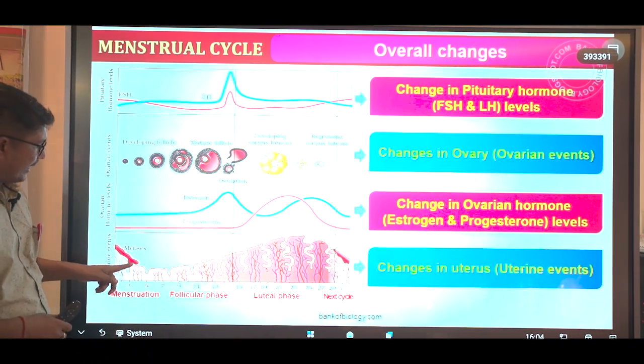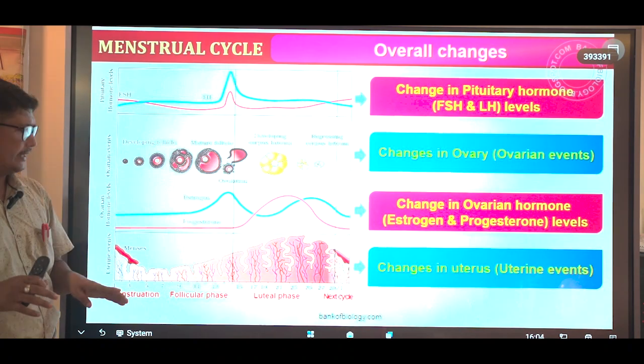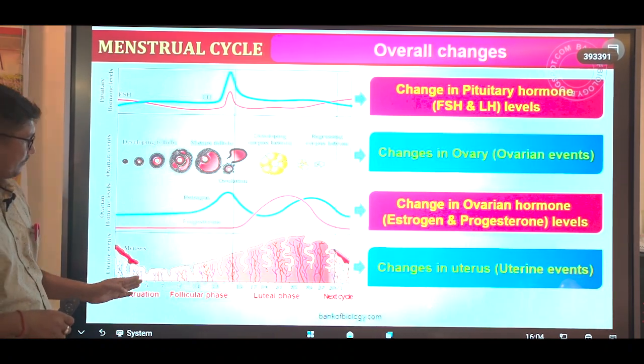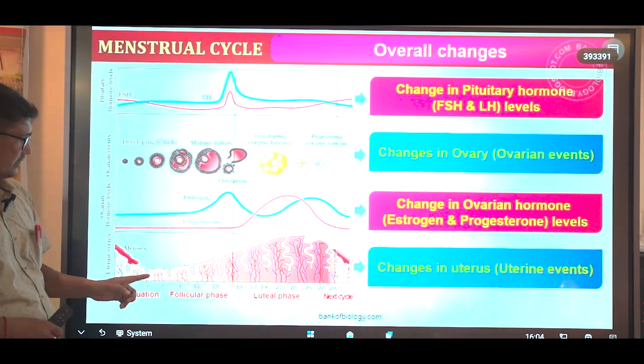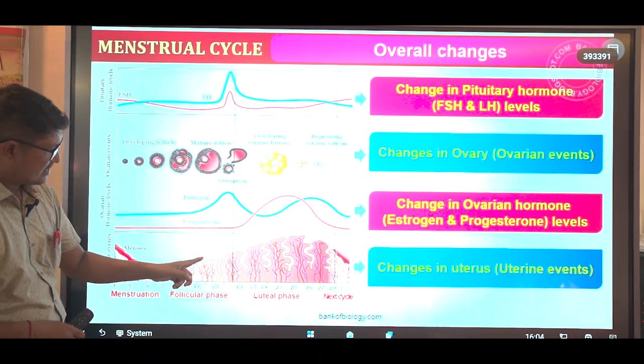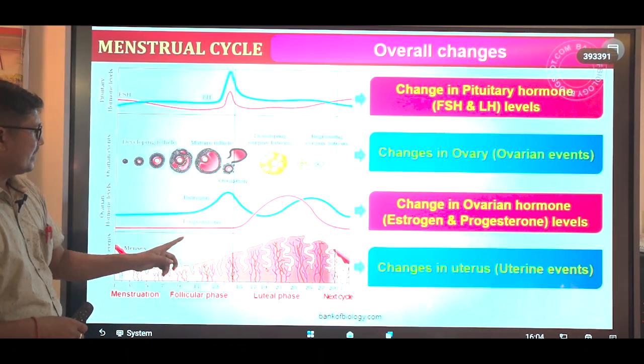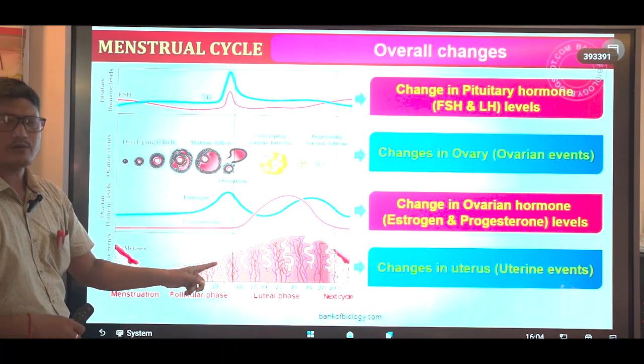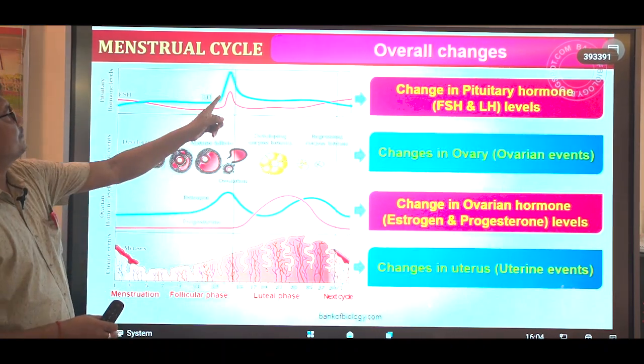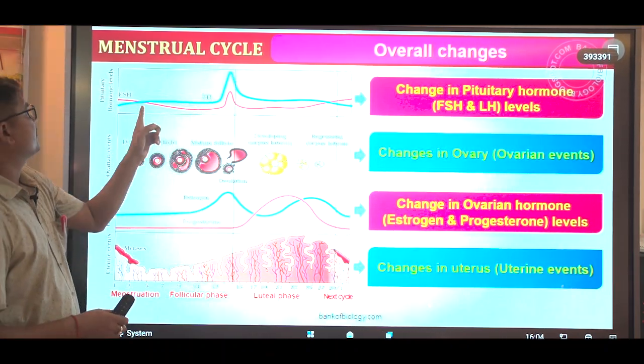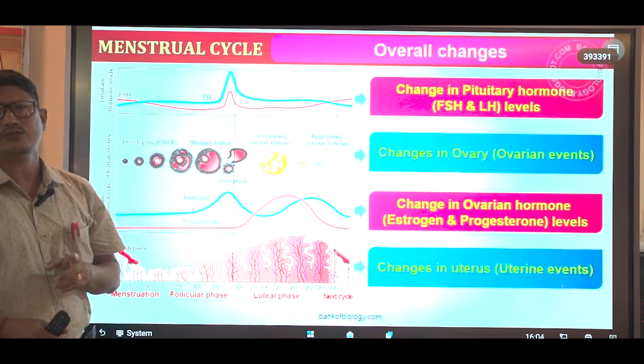At that time the endometrium lining is very thin, and gradually in the follicular phase, the endometrial lining starts developing, and during this time the secretion of estrogen hormone is also very high, and in the pituitary gland the synthesis of luteinizing hormone and follicle stimulating hormone also increases.